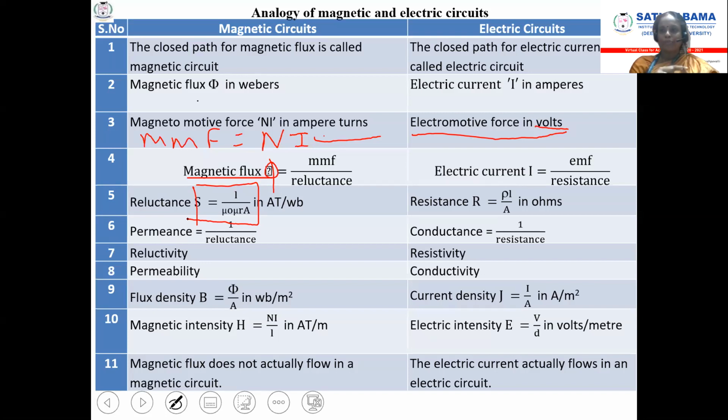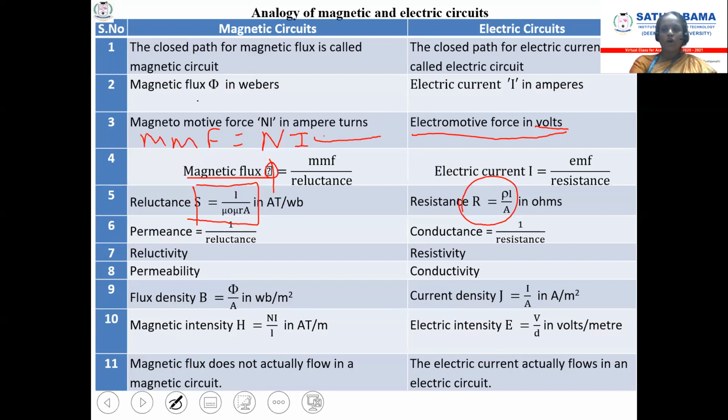Similarly, resistance also depends upon the material, like specific resistivity, length, and area of the coil. R equals rho L by A. This is one of the important 2 mark questions in the first unit: the resistance depends upon the material, that is rho, the resistivity, length, and area.